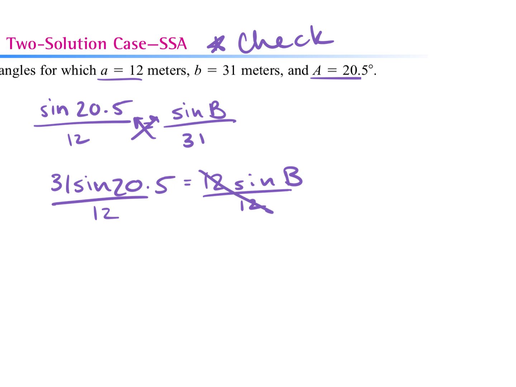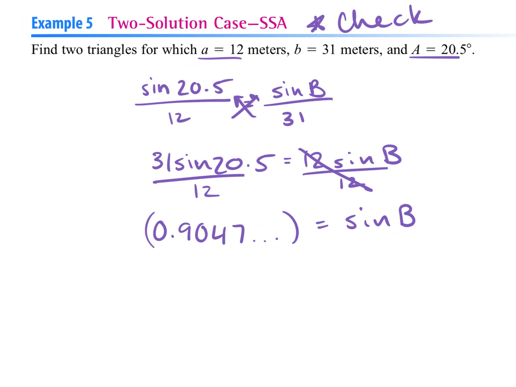Let's put it in our calculator. So 31 times sine of 20.5 equals, and then divide that by 12. So we get 0.9047. It keeps going, but I'm going to leave it in the calculator because this is equal to sine of B. Is this our angle?